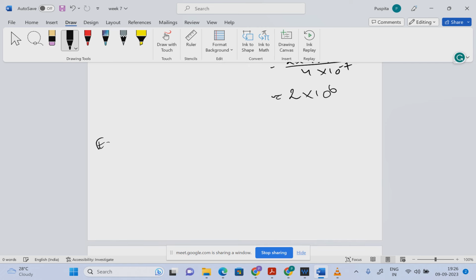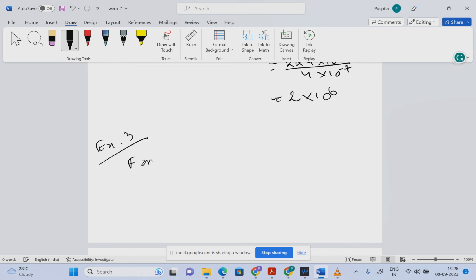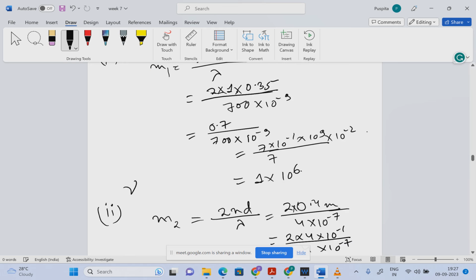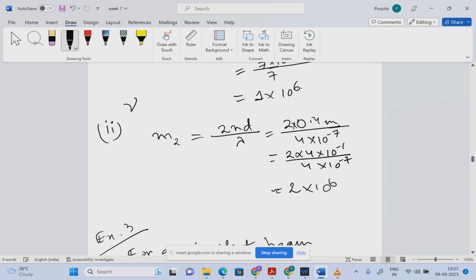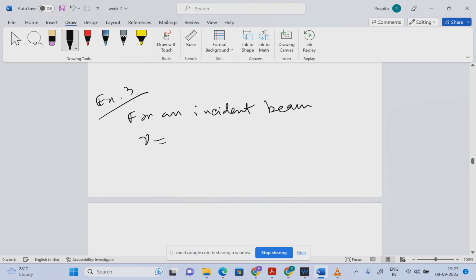Another example: for an incident nu equal to 6 into 10 to the power 14 hertz, what will be the mode number?